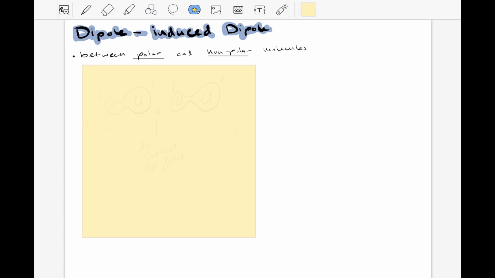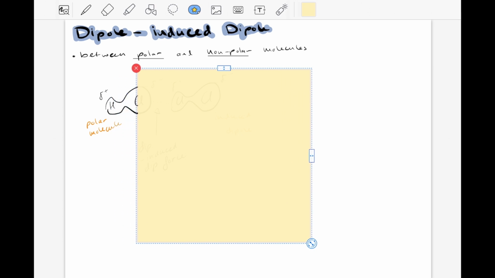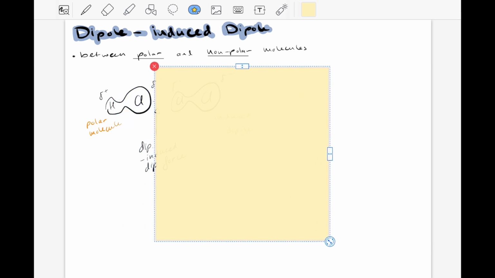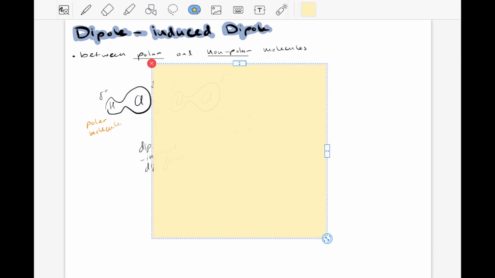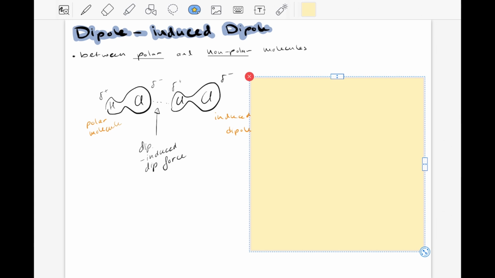Now the dipole-induced dipole, as you might already be guessing, is between polar and non-polar molecules. Let's stick to the example of hydrogen chloride: the polar molecule will induce a dipole on the non-polar molecule. So the electrons within the non-polar molecule will move and adjust so it has an induced dipole.